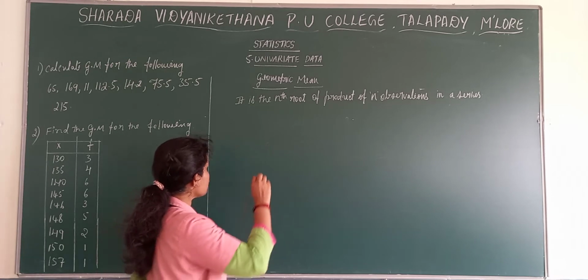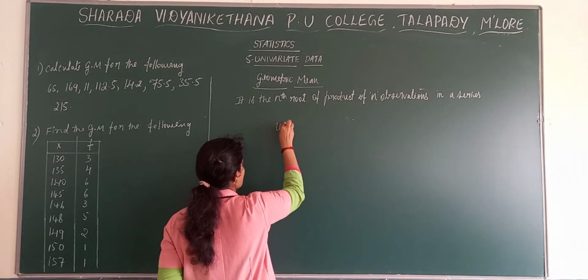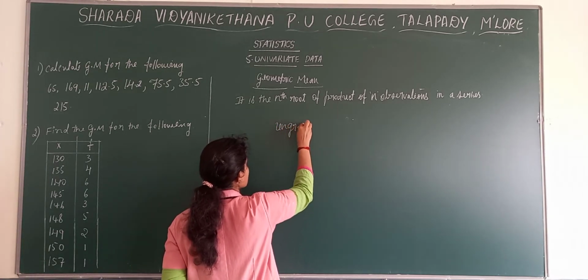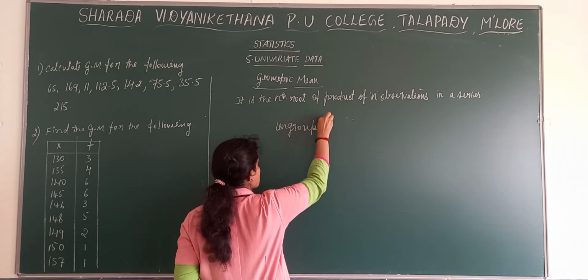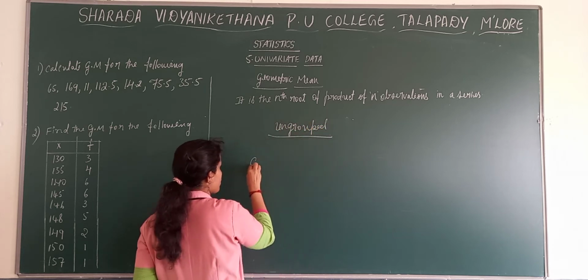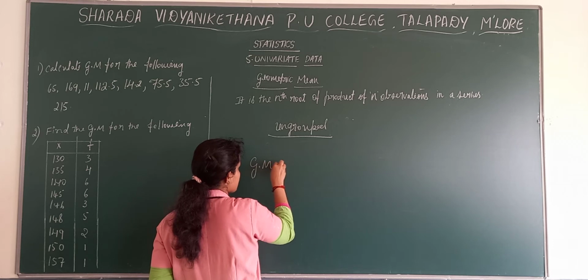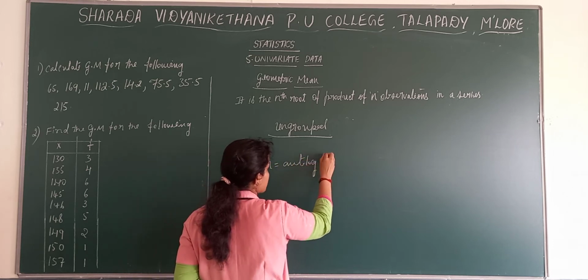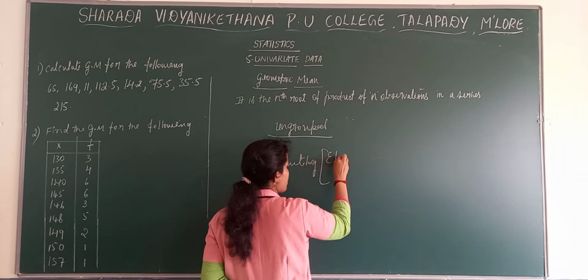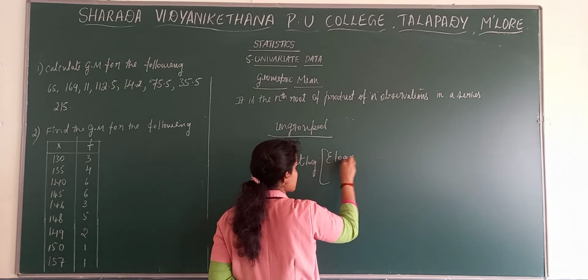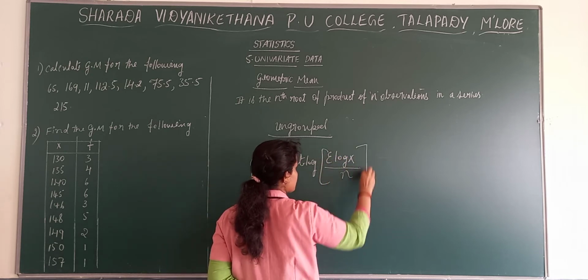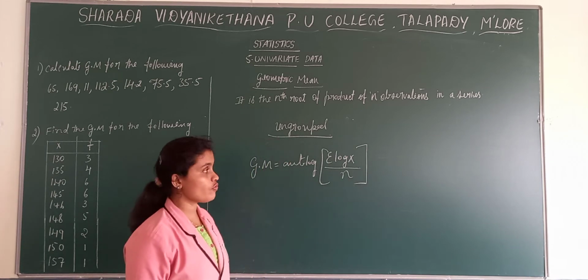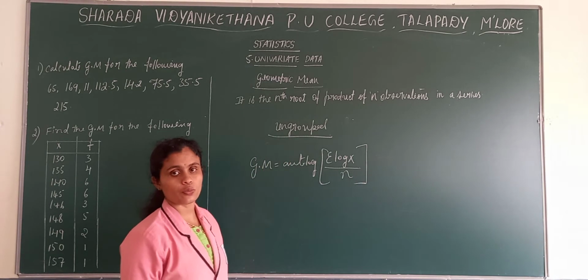If it is ungrouped, your geometric mean formula goes like antilog of sigma log x divided by n. This is the geometric mean formula for ungrouped.